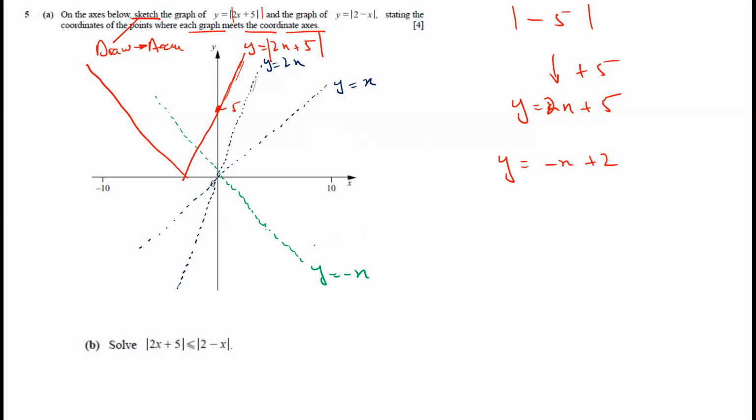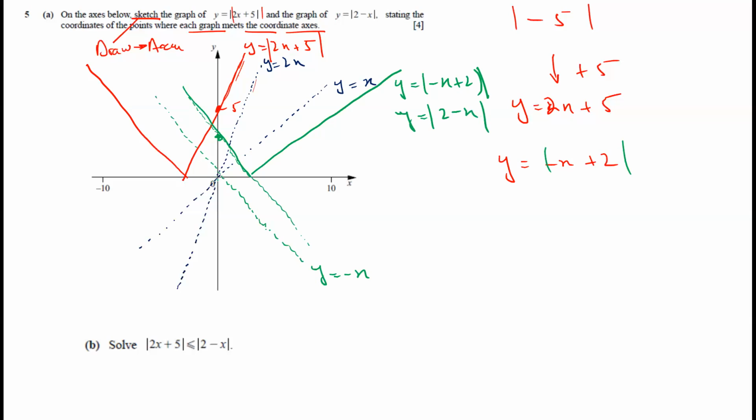Y equals minus x plus 2 is this line, because now 2 is your y-intercept. The whole line will move up by 2 notches. And because we have an absolute over here, we won't be having anything in the negative part. So this will be your y equals absolute 2 minus x.